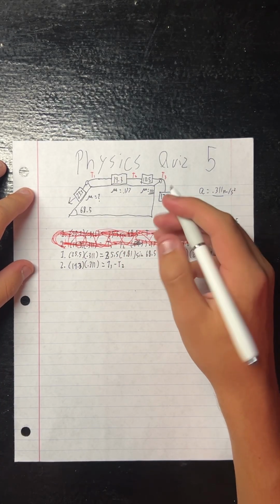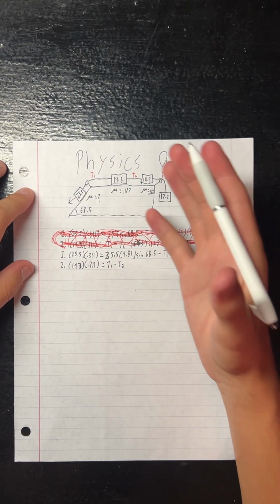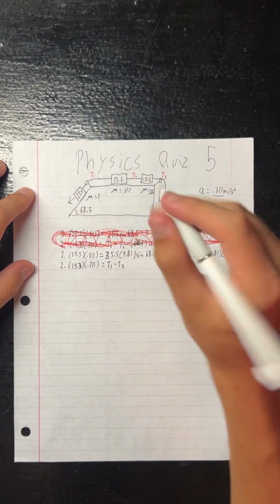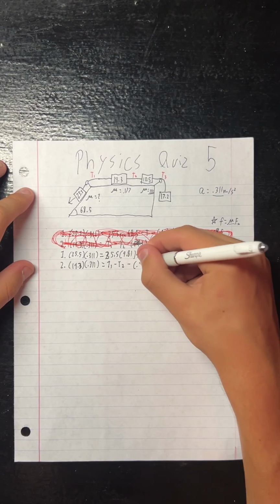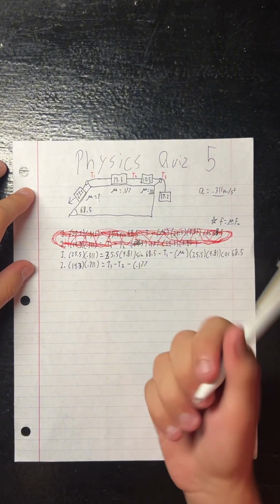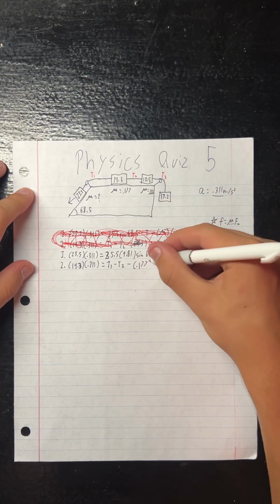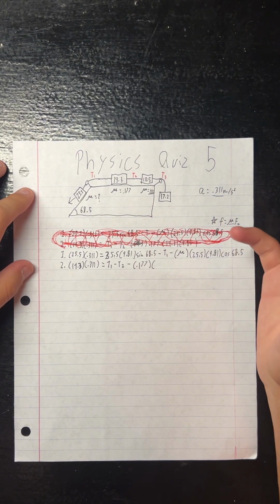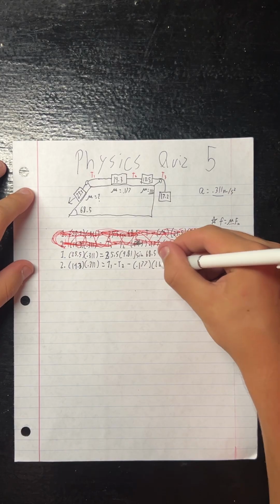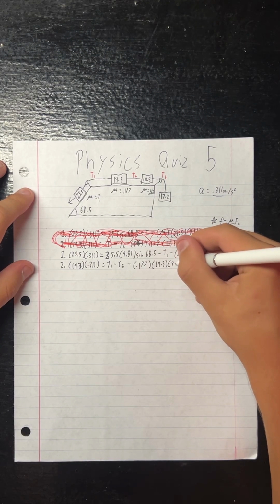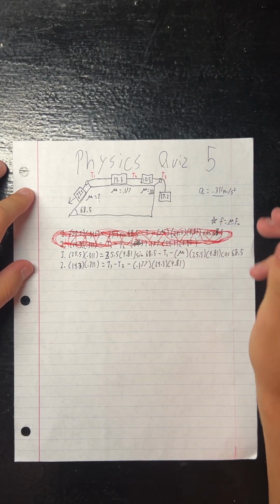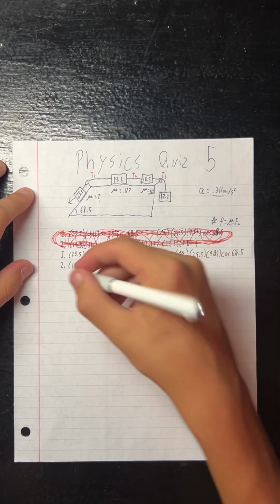And now we can subtract the friction that's holding it back. Minus 0.177. What is friction? Well, we just did it. So we know the mu, and we know the normal force is just pretty much mg. So 14.3 times 9.81. So that is the second equation we set up.